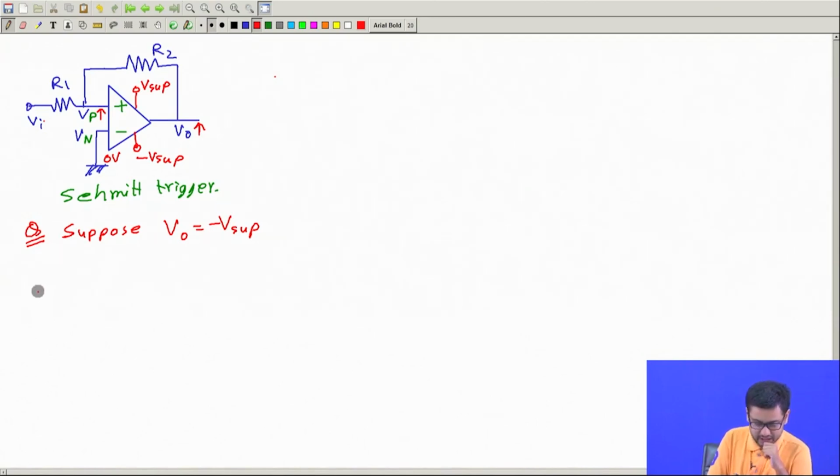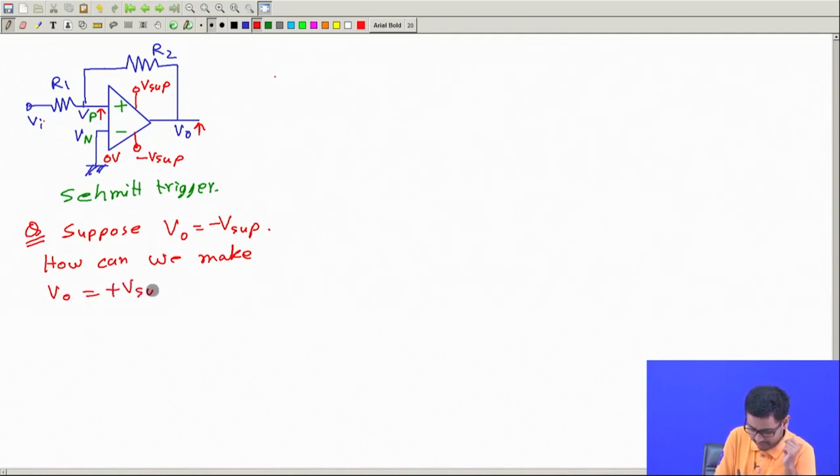So the question is, how can we make output positive by changing input? How can we make Vo equal to plus V supply by changing Vi? So this is the question. Let's see what the answer is.